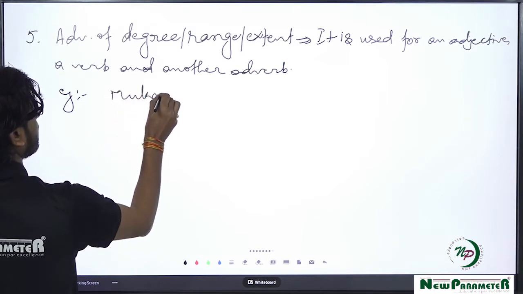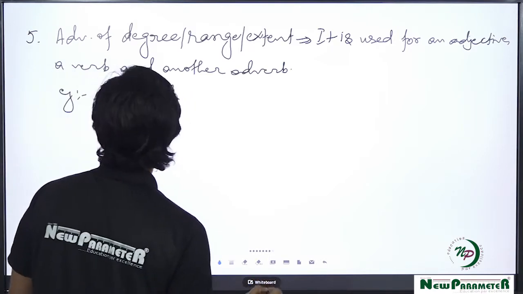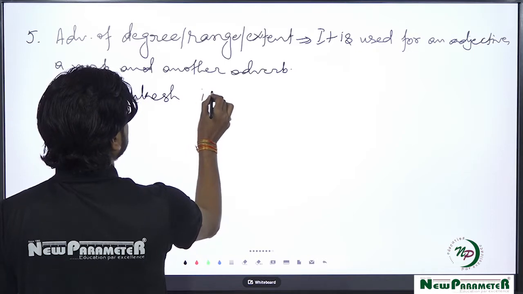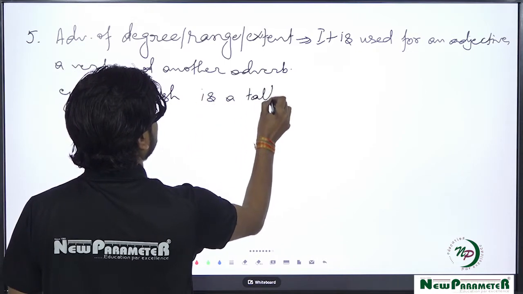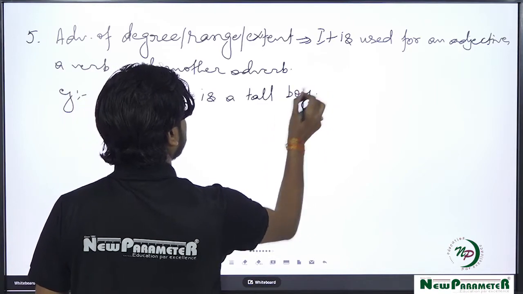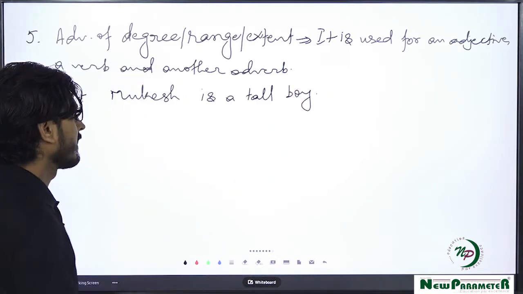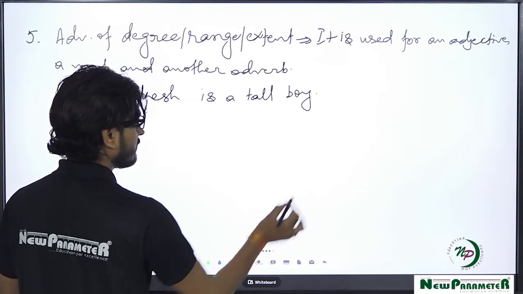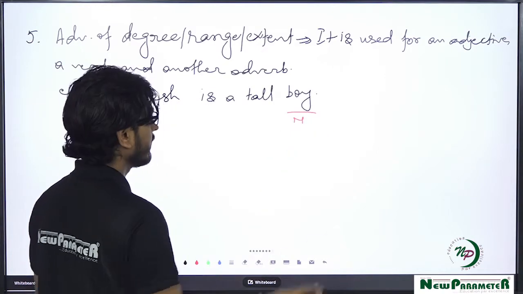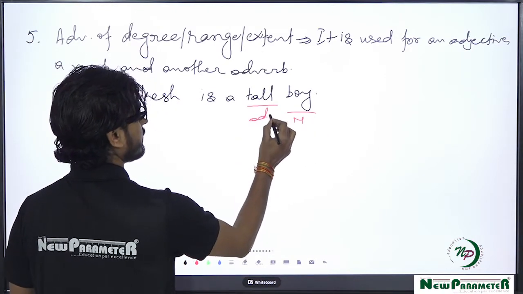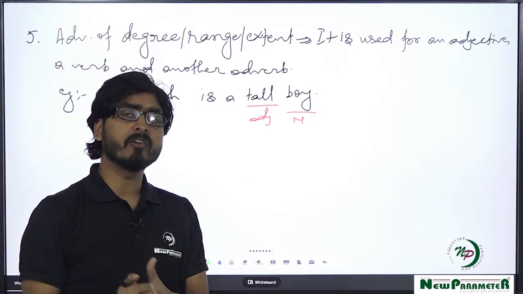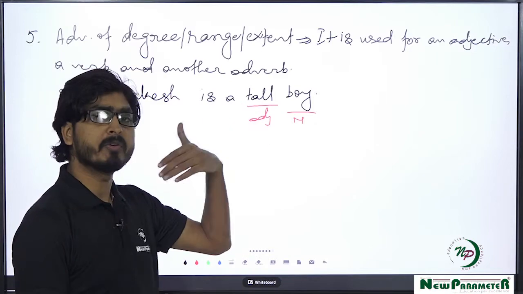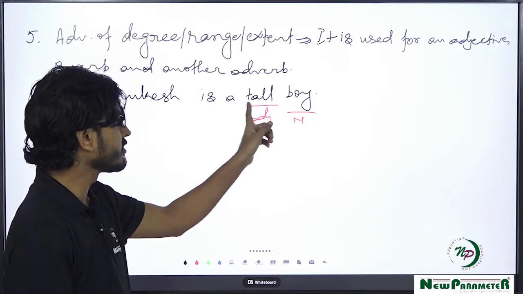Mukesh is a tall boy. So, as we know, this is a noun and this is an adjective. Now I have to tell the extent or range of his tallness, up to which extent this boy is tall.